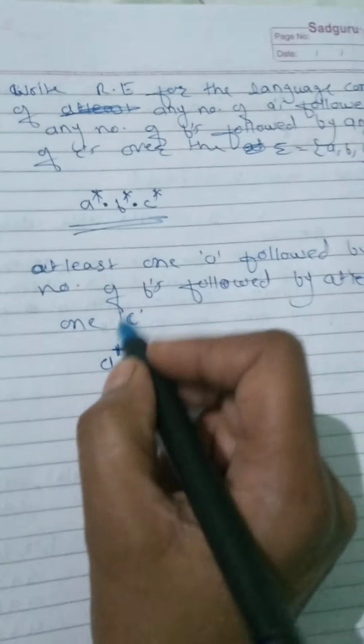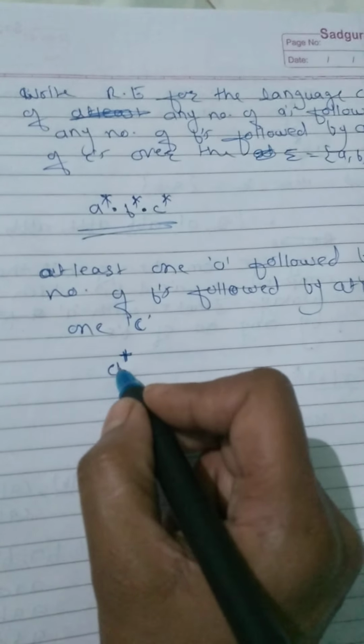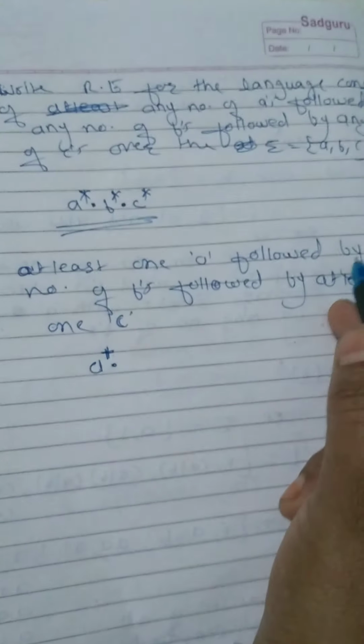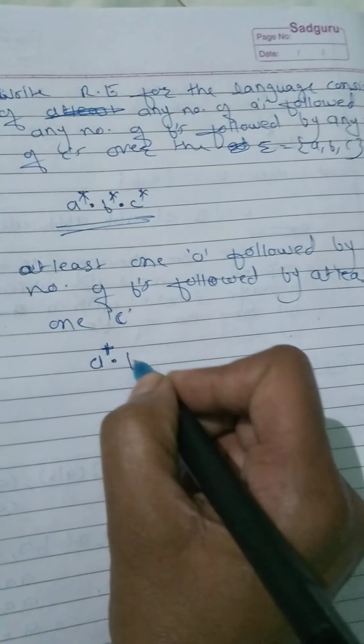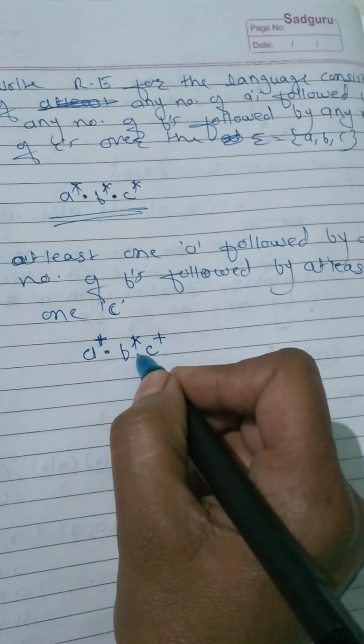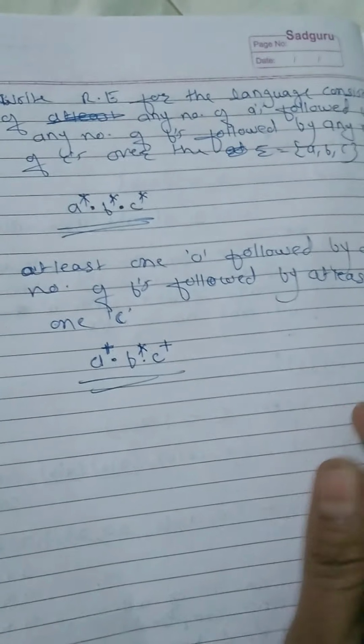Star means any number of and plus means at least one. So A plus, then followed by dot, any number of B's means B star, followed by at least one C, that means C plus. So this is the regular expression.